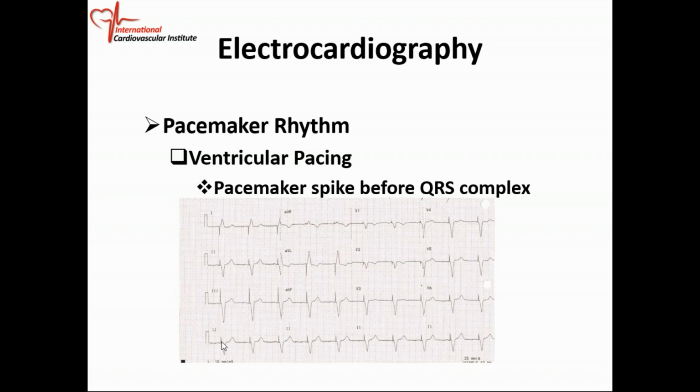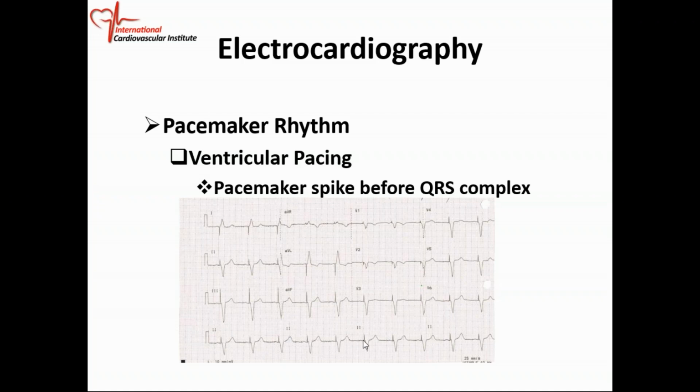But you can see every spike is followed by a QRS. So you supply the energy to the muscle and it captures, okay? The muscle is stimulated and the muscle contracts. So you can see that you have the pacemaker spike before the QRS. So this is a ventricular pacemaker, okay?